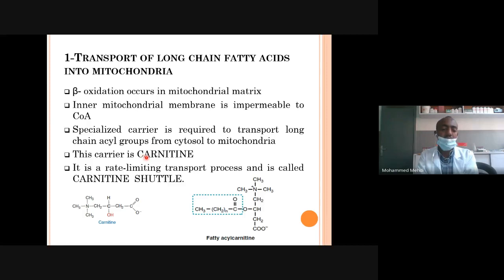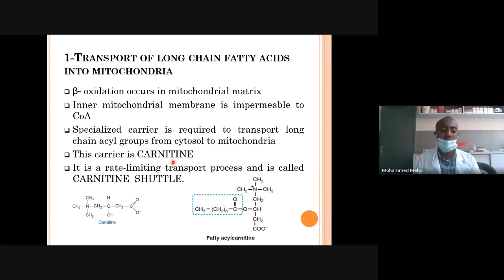This carrier is called carnitine. So the carnitine derivative transports the acyl group into mitochondria. Once it is transported, carnitine will be removed or replaced by coenzyme A, which re-forms fatty acyl CoA in the matrix of mitochondria.